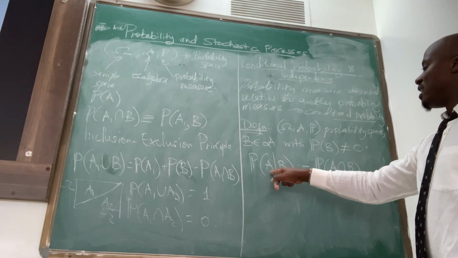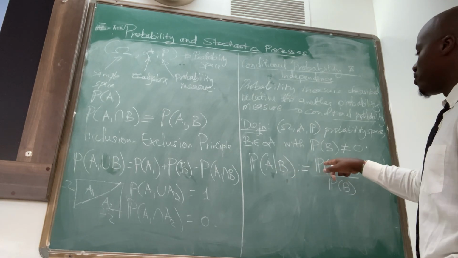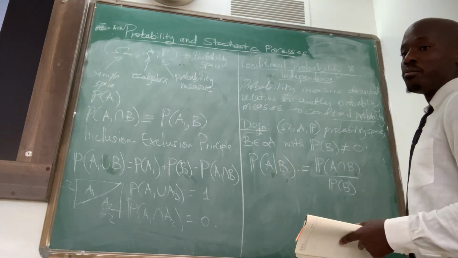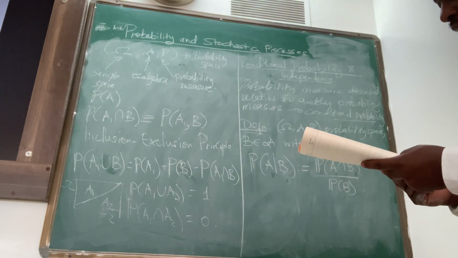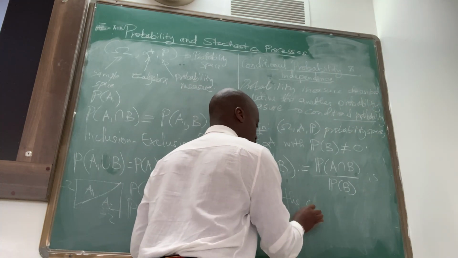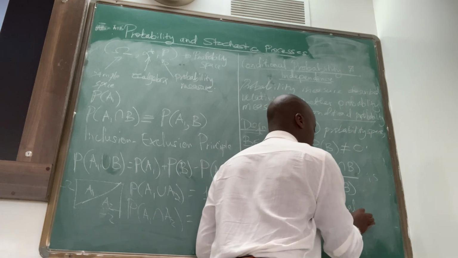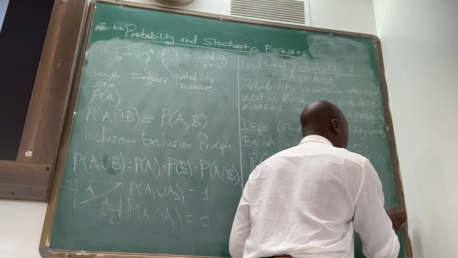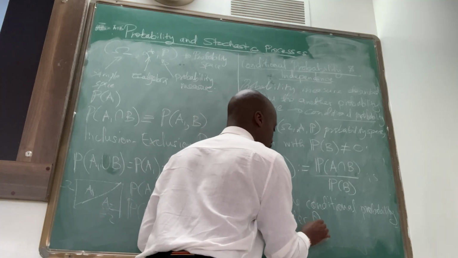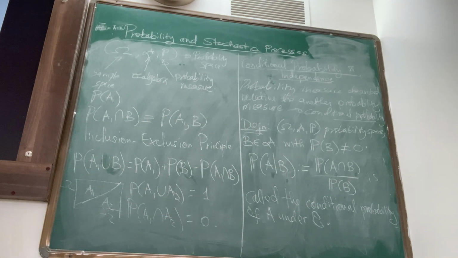So we are saying the probability that an event A occurs given that B has occurred is going to be the probability of A intersection B over probability of B. So A intersection B, you can also just write A comma B, and that's called the conditional probability of A under B. The conditional probability of A under B. And I don't want to get to the abstract scenarios of this.